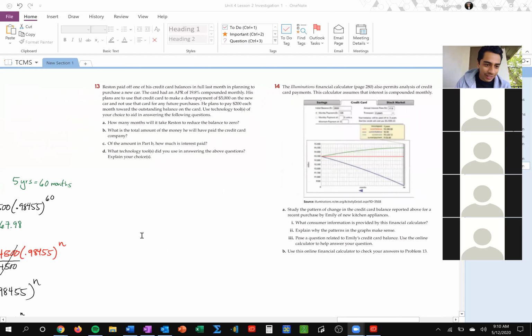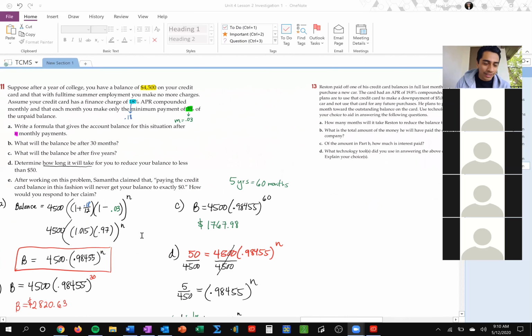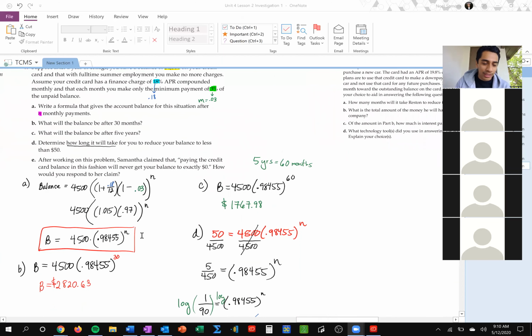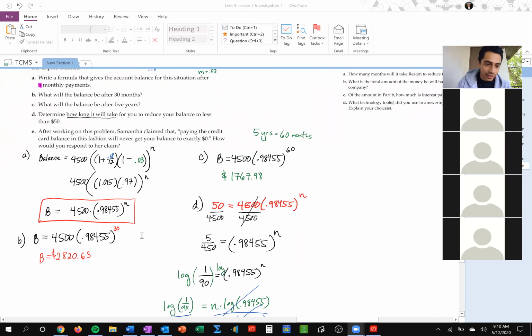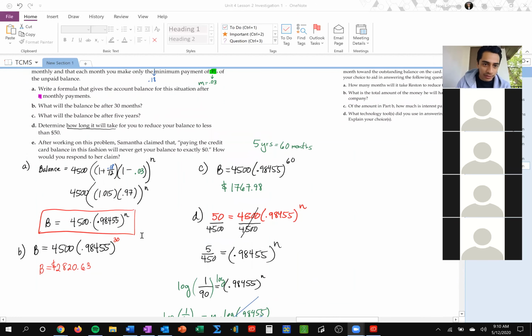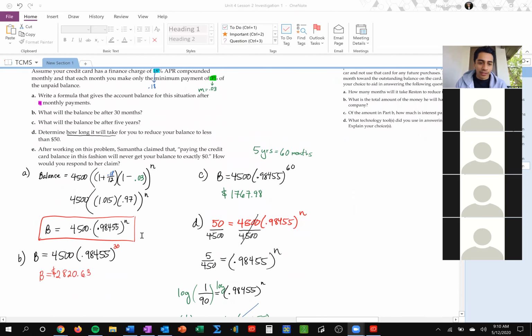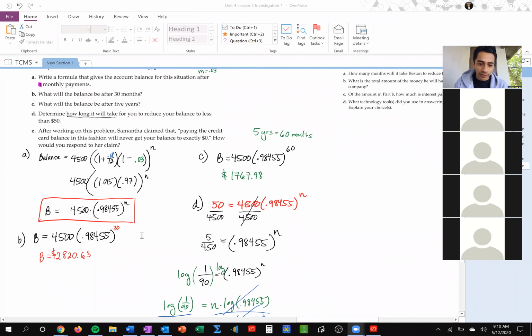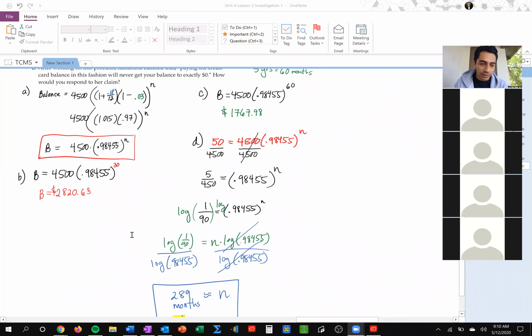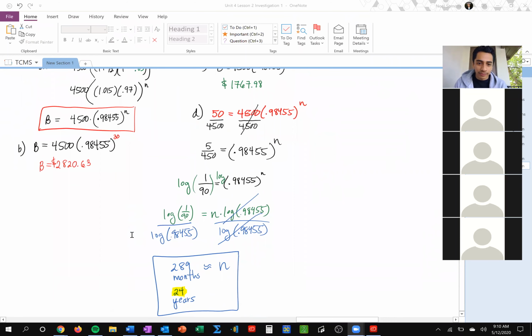All right, so after number 11, that's the one where we had this nice new formula that helped us determine what the balance would be after a certain number of minimum payments. And we were able to find out that if you choose only to make minimum payments, it can take a really long time.